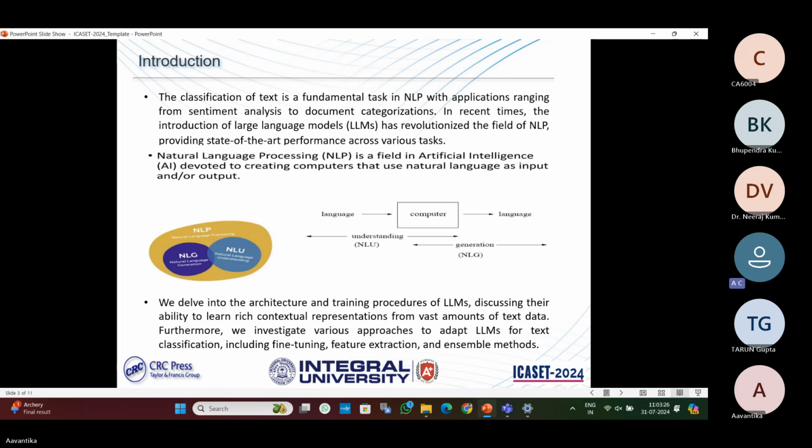NLP is a field of AI devoted to creating computers that use natural language as input or output. We delve into the architecture and training procedures of LLMs, discussing their ability to learn rich contextual representations from vast amounts of text data. Furthermore, we investigate various approaches to adapt LLMs for text classification, including fine-tuning, feature extraction, and ensemble methods.